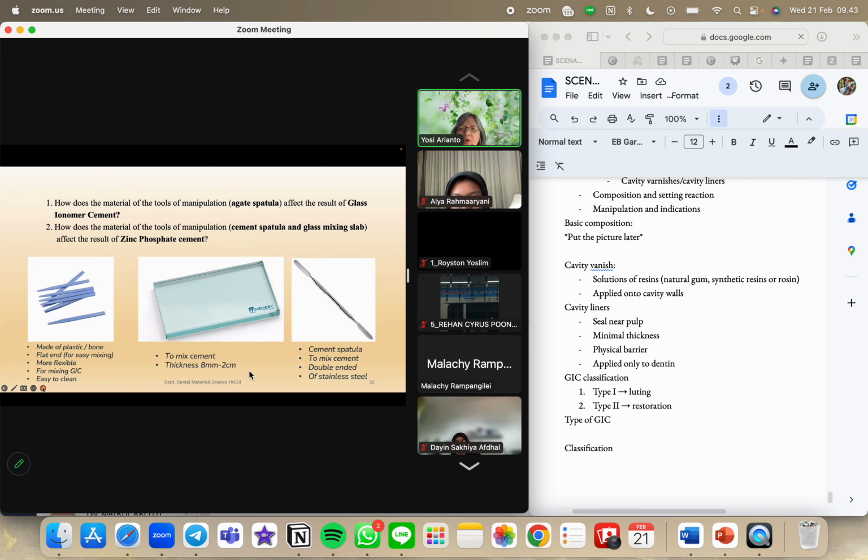Okay, this is the question that you asked also about the agate spatula for glass ionomer cement. Yeah, why we use this one? Because this one is made of plastic and it is more flexible.